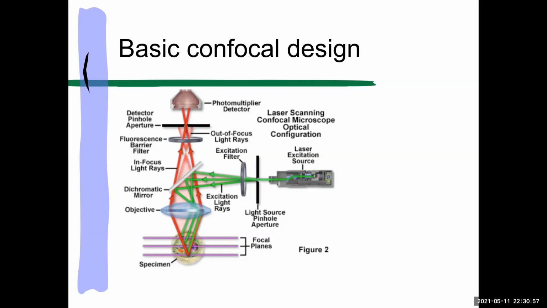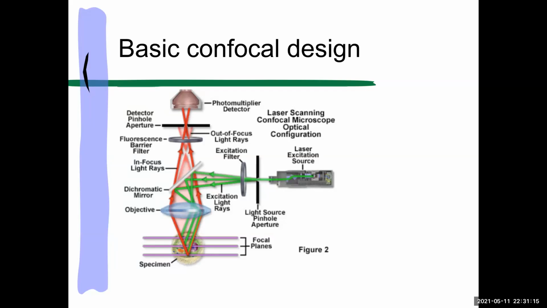They come to focus at a different plane, not where the aperture is. And the tiny, tiny pinhole aperture has to be just 1 Airy disk, so it matches the size of the Airy disk of your objective.